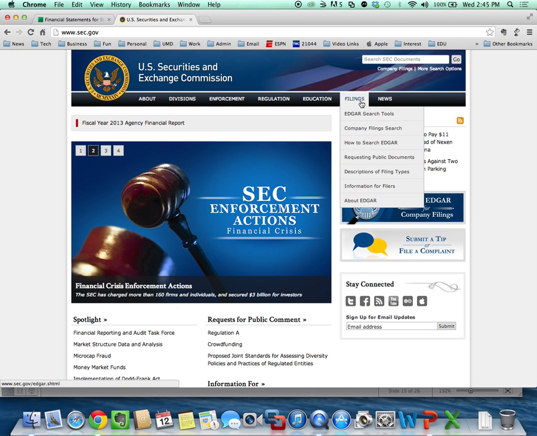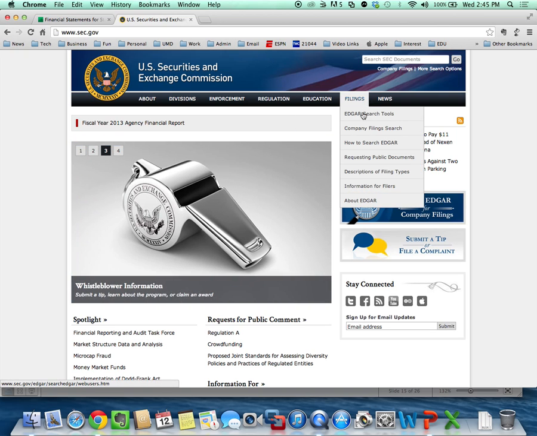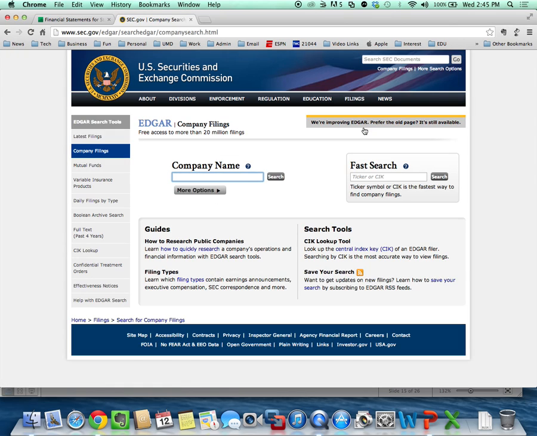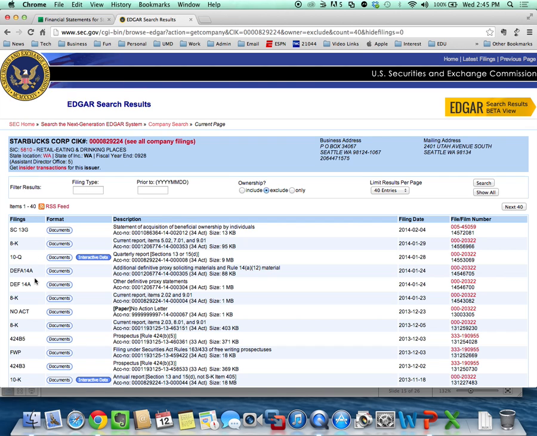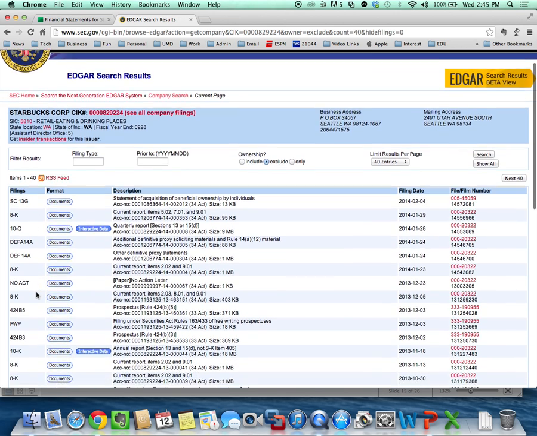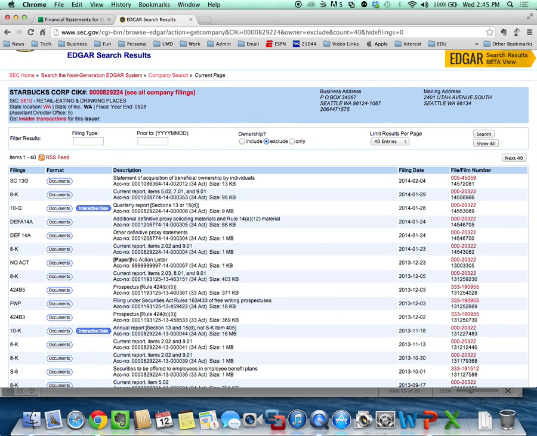So I can go to the filings for the SEC website, and I can go to what's called the Edgar database. And I can type in a company name like Starbucks. I can search for them. And I can see all of their filings with the SEC. Right? That's how the databases all scrape this data and aggregate it for us on our behalf, so we don't have to go here and do it ourselves.